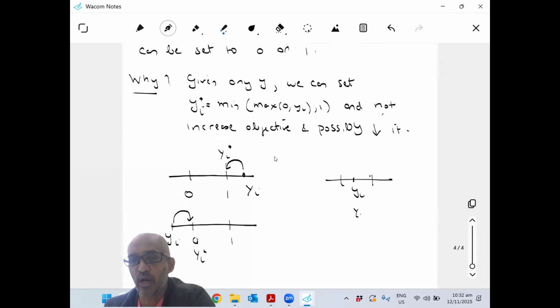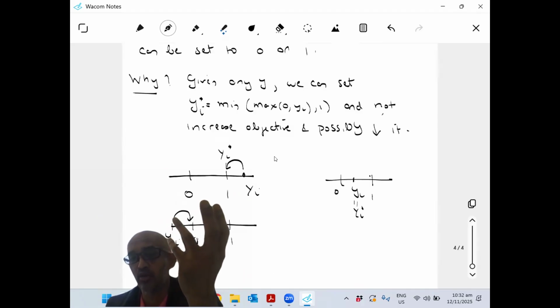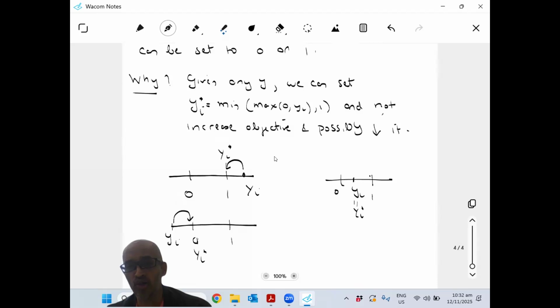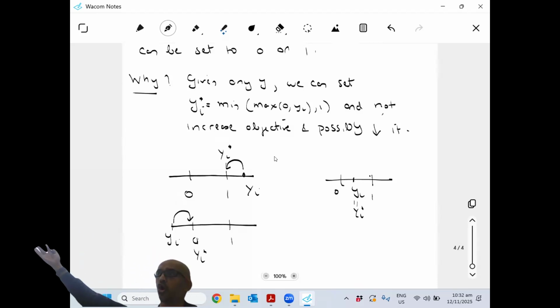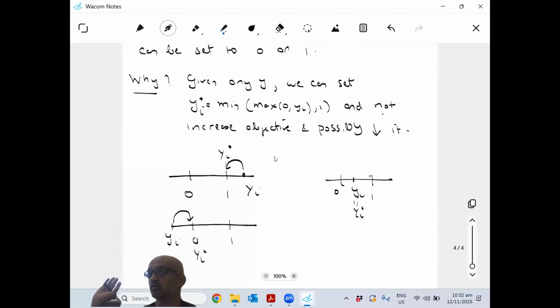For this case, yi is yi star because y lies between 0 and 1: the max of 0 and some positive number is the positive number, but that number is below 1, so the minimum of that and 1 is simply itself. All this operation is doing is: if the number is beyond 1, move it back to 1; below 0, move it to 0; in between 0 and 1, keep it. I claim that this can never make the objective function worse, and can make it better.